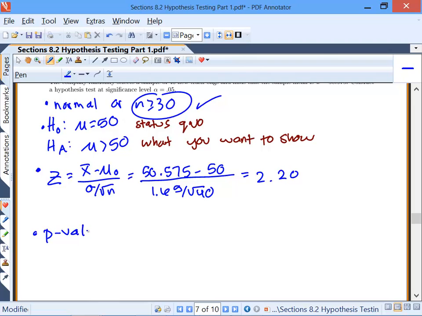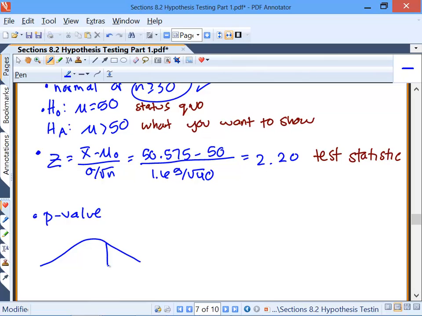Now let's find my p-value. So I would just start, and I draw my picture. I say, well, what was my test statistic? 2.2. And then I have to decide which direction am I interested in shading. Okay. So my alternative hypothesis was that my mean is greater than 50, so evidence for that means I need big values. I need to shade to the right. So I need to find the probability that z is greater than 2.20.